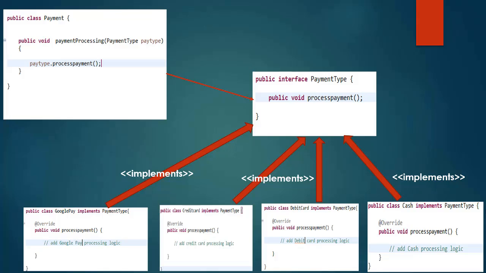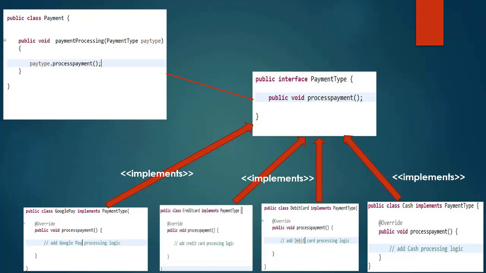So the payment class and its method is closed for modification, and if we need to define a new payment type, all you need to do is create a new payment type class and define the process payment method in it. So we are open for extension, that is open to add new payment types, but closed for modification. That is, we don't need to change the existing payment class or any of its methods to add a new feature. Hope you are able to appreciate the power of this principle with this example.